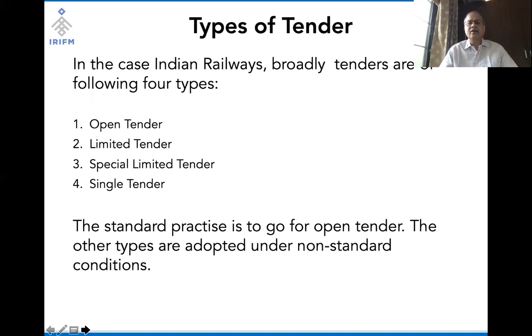And the standard practice in all government procurement is to go for open tenders, and only in non-standard conditions, as I explained above, the other forms of tenders can be called for.